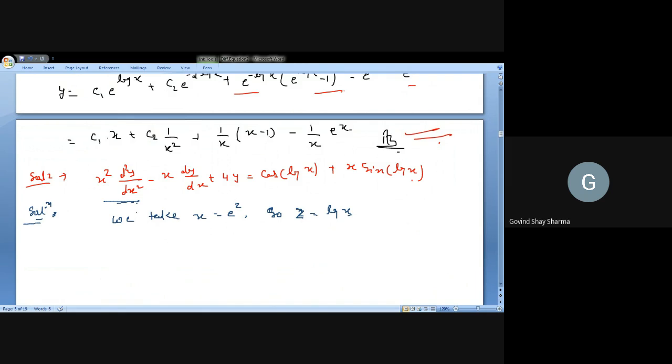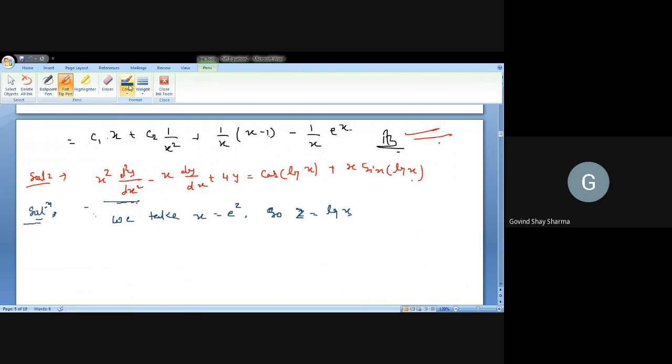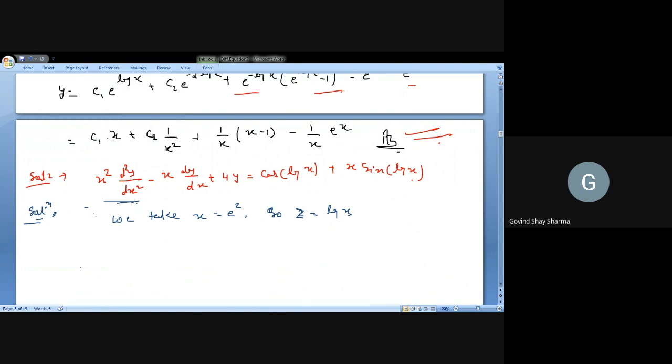Now x squared d2y/dx2 we can write as D(D minus 1) minus D plus 4, y, and log x becomes z, so the right side is cos z plus e to power z.